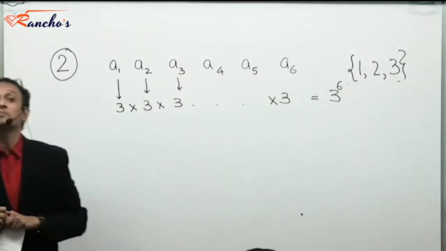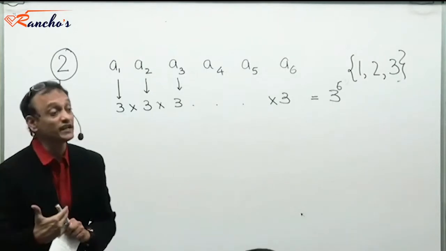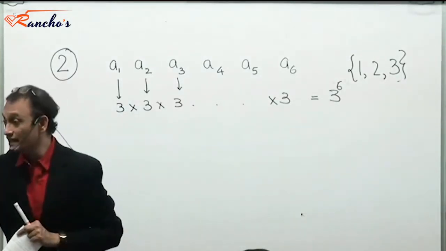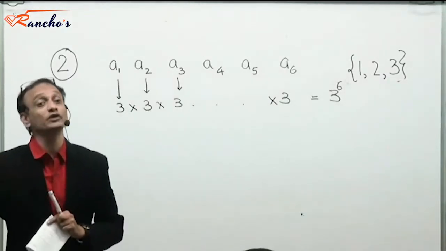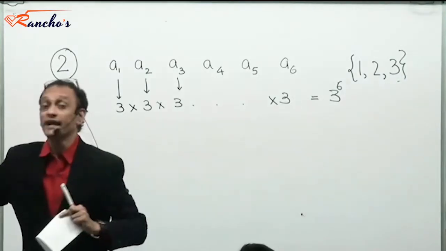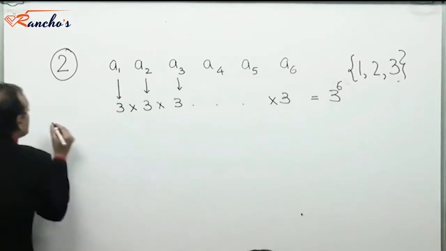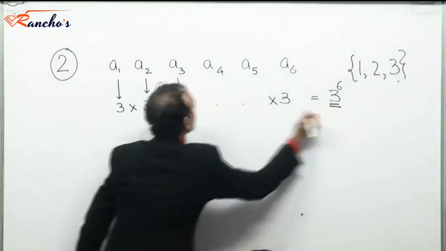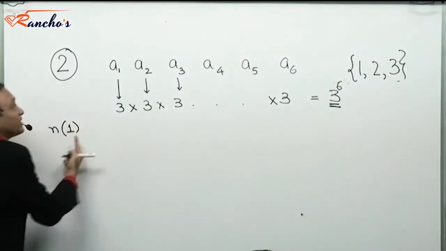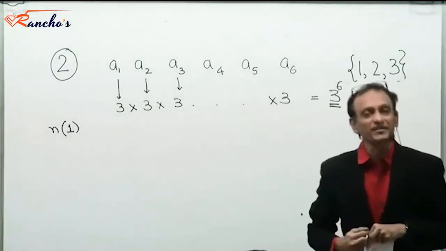Now, let me find out amongst them ones that don't contain 1, ones that don't contain 2, ones that don't contain 3, ones that don't contain 1 and 2, 2 and 3, 3 and 1, ones that don't contain 1, 2 and 3, and deploy the principle of inclusion and exclusion. Number of these 3 to power 6 numbers that don't contain 1, n1, represents the number of these 6-digit numbers that don't contain 1.